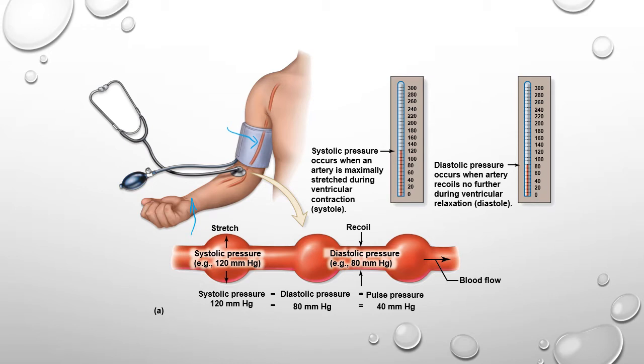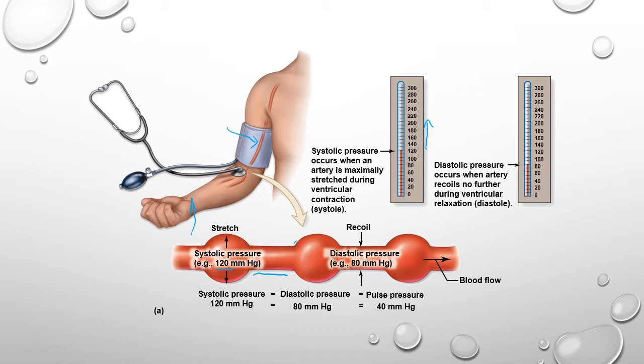Once we get above 120 millimeters of mercury, we're no longer going to see any kind of change in the pressure bounding as we're looking at the gauge itself. But if we're below that, we're going to see this obvious stretch of systole, and then as we go through diastole, the pressure starts to fall and fall and fall, and then it comes back up and we have another contraction.